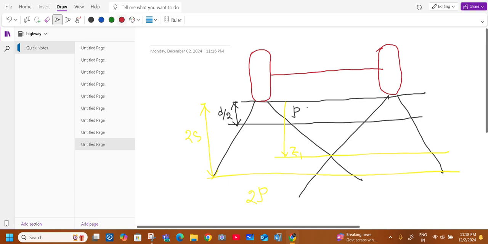And what is the axle dimension? This is D. D means outer face distance.